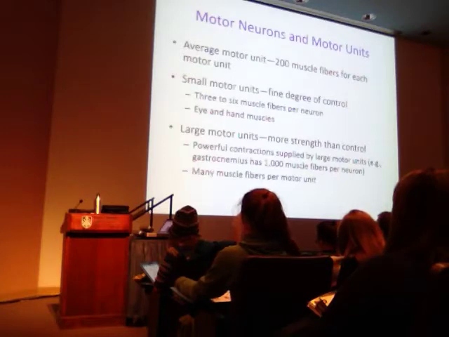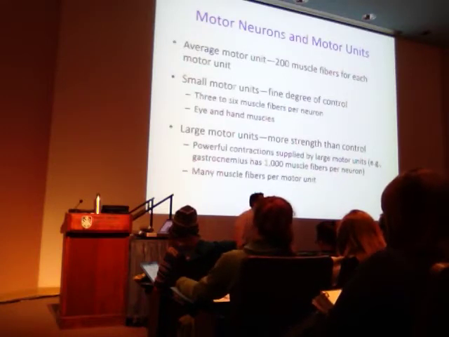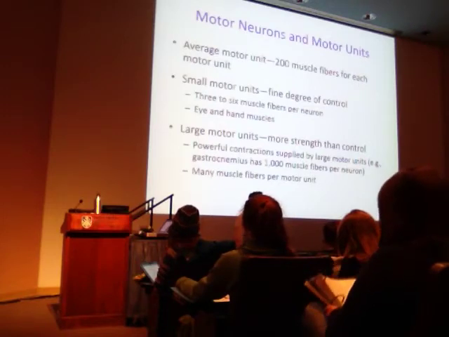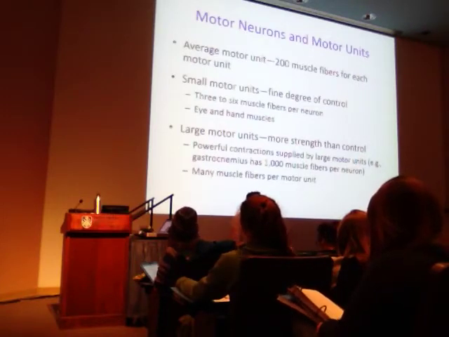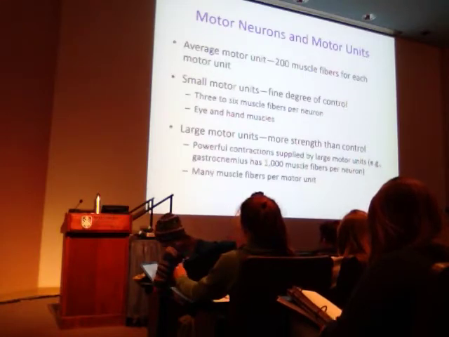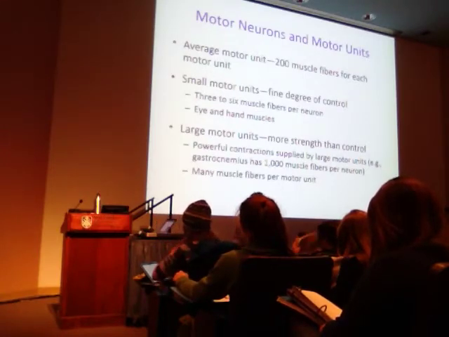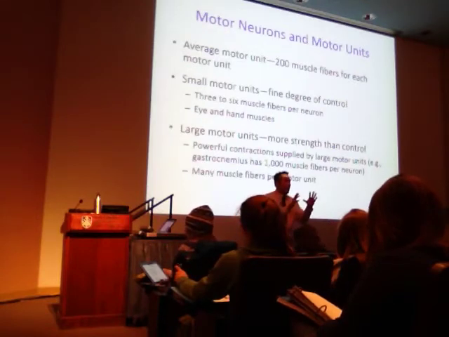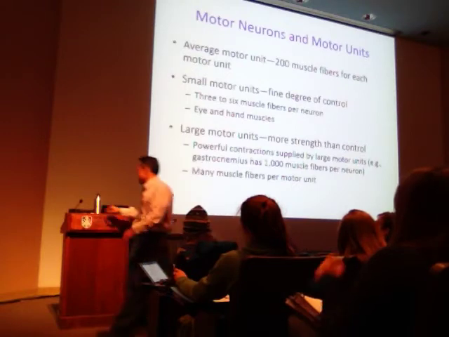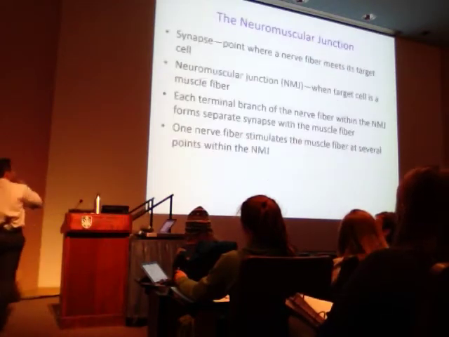A lot of the supporting muscles that are synergists, but not necessarily the prime mover. The prime movers, the main action, are going to be large motor units. But our supporting muscles are going to have maybe more of an average number. Okay? All right.